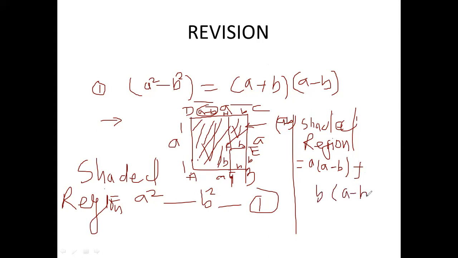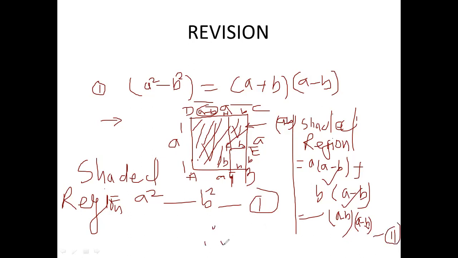What is common, children, there? The same thing is common. A minus B common. A minus B take common. And what is left there in bracket? A plus B left or not? This is the area of the shaded region by second process. But both of them are representing the same.